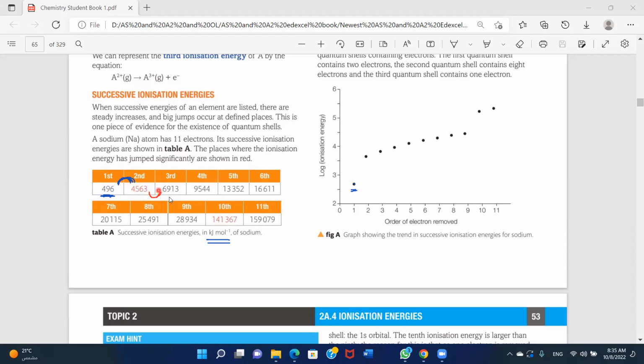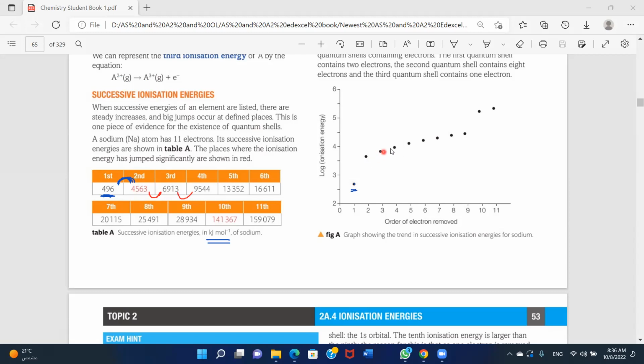Okay, understand? Now, if we look here between 6,900 and 9,500, there is a difference in energy which is also about 2,500 maybe, or about 2,600. This is not considered a jump. You see here, there are no jumps.